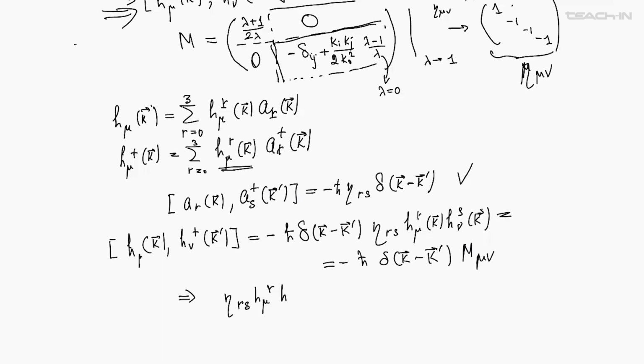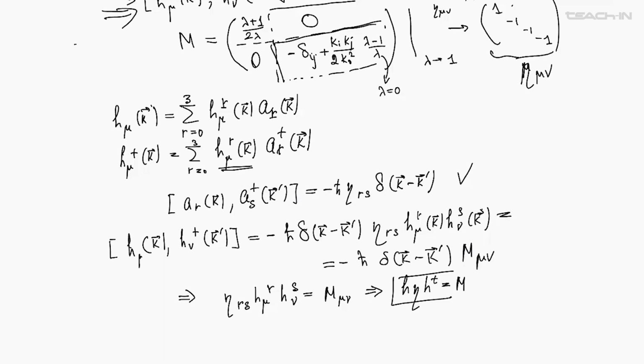So in other words, this Vierbein must be such that, being paired with the Minkowski metric, it should reproduce the matrix M mu nu. In matrix notation, this equation can be written as H eta H transpose equals matrix M. This is how it will look in the matrix form.